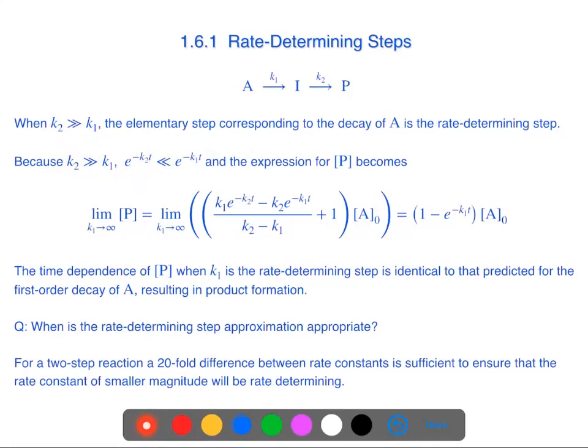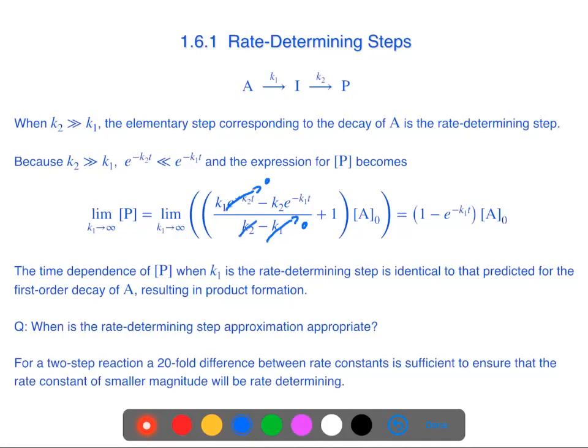So k2 being much greater than k1, k1 is going to be considered a very small value relative to k2. And as a result, e to the minus k1t will also be much greater than e to the minus k2t. So e to the minus k2t is also going to be a relatively small term, and so is the product with k1. So that whole term drops off. And what you're left with is minus k2 e to the minus k1t all over k2.